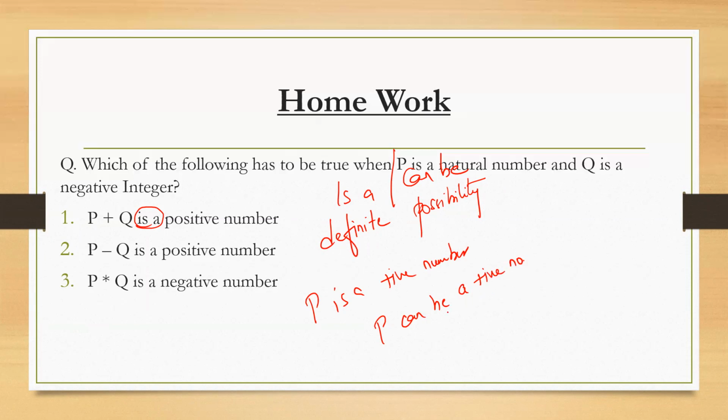It means even if one of the values of P is positive, then this statement is true. Can be means if any one of the cases is true, then that statement is considered true. I hope this is clear, everyone. The difference between definite statements and possibility statements.